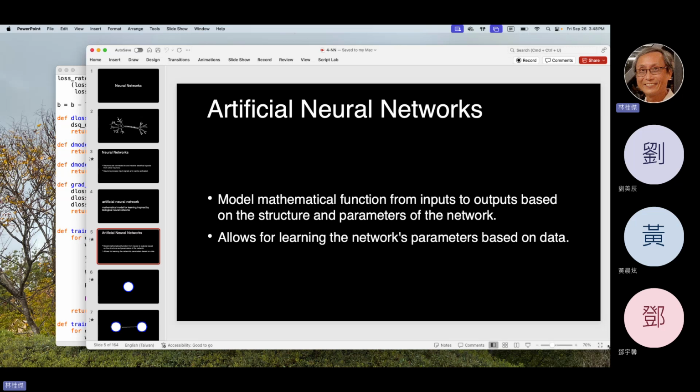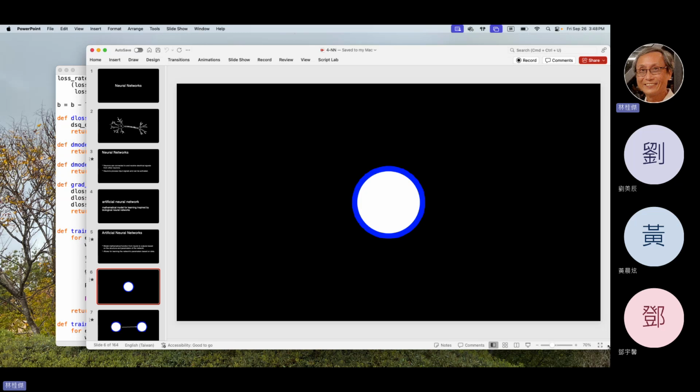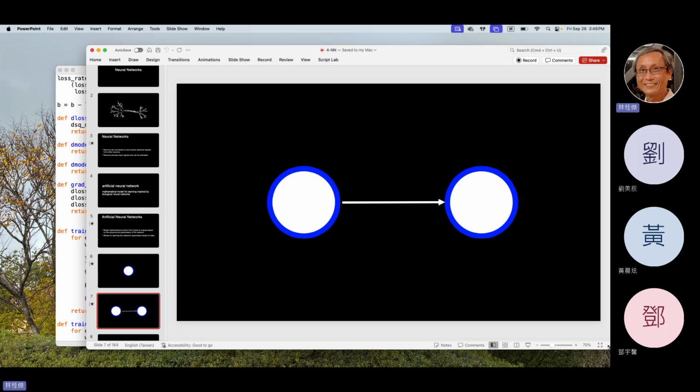In the human neural network, you have a lot of these neurons, and between the neurons you have some links. In the human, you have some sensors, and the sensors will be detecting certain signals. Once you detect a certain signal, then certain neurons will be triggered, right?